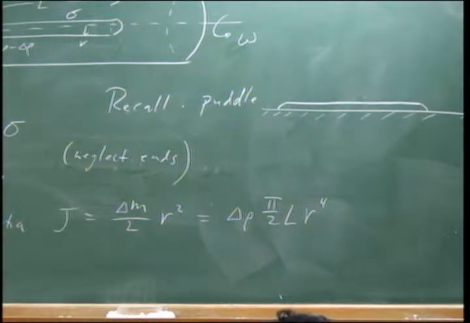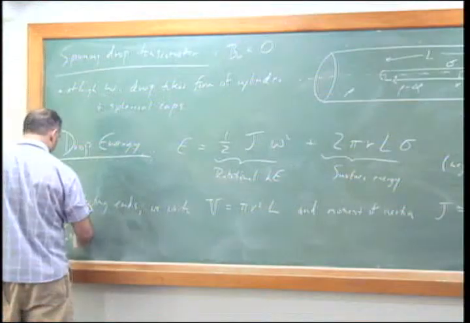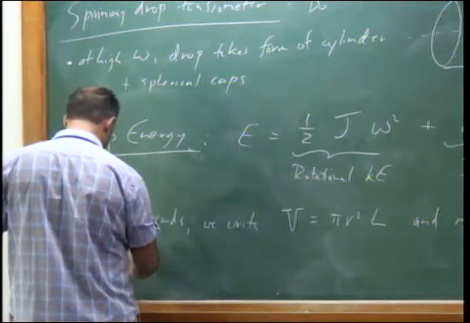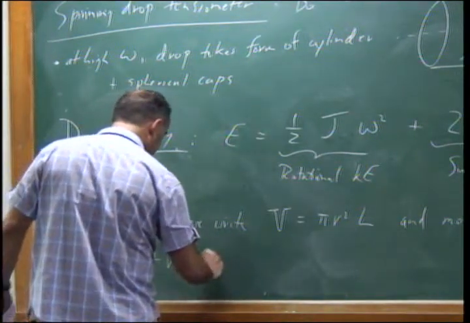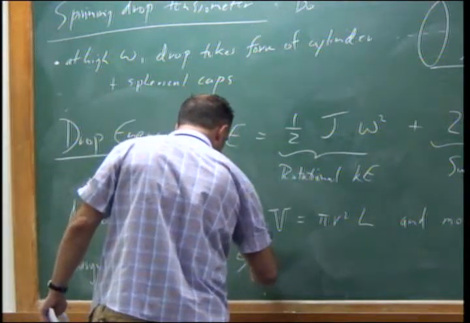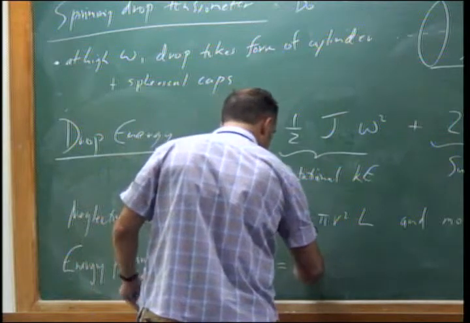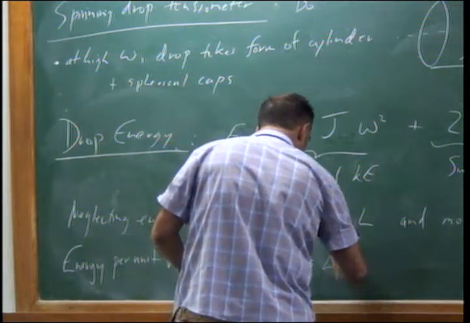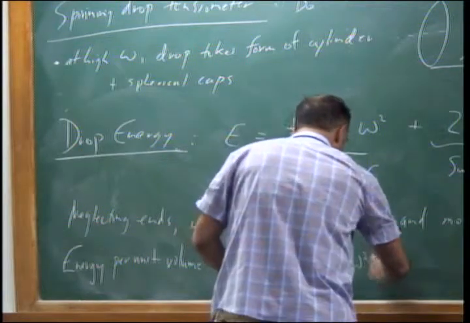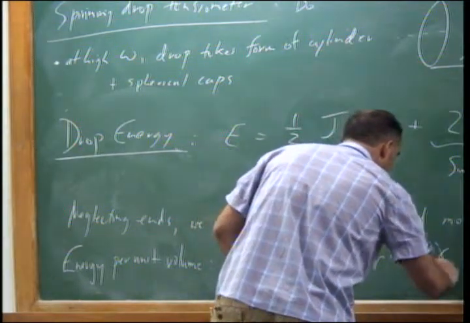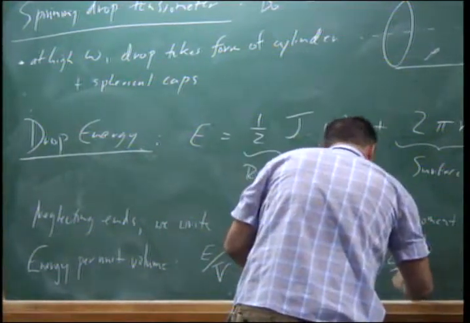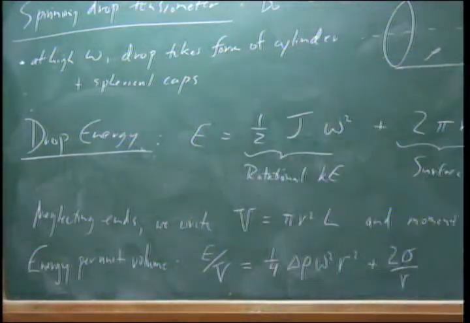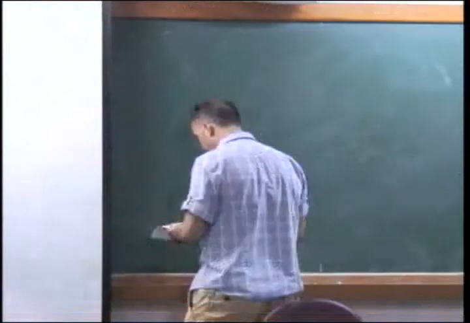Okay, so then the energy per unit volume, we divide through by volume, and then we can find the shape that minimizes this energy.